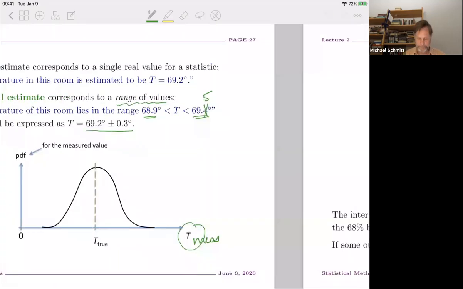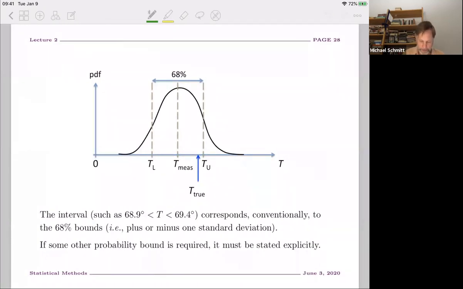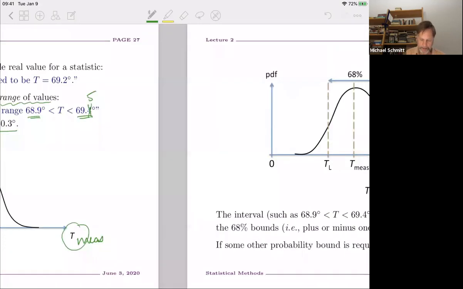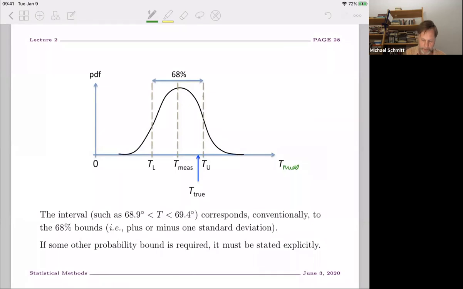All right, so the question is, now you make a measurement. So here's the measured value in the middle. And then I open up an interval. I happen to know that if I open up this interval, whatever it is, it has a lower value, it has an upper value. And the idea is that it will encompass the true value 68% of the time.